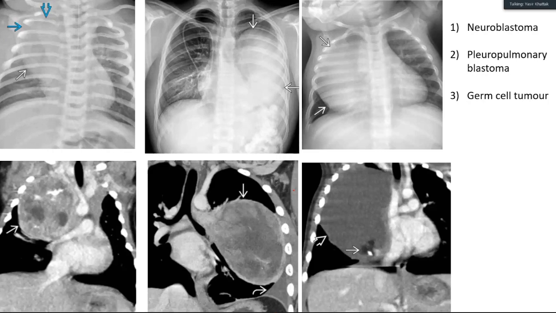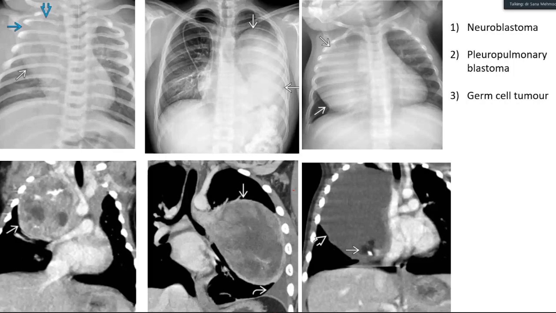In that particular case, what is important is to pick up the mass and mention that I'll discuss this case with the respiratory physician or the pediatrician, and we'll take it further, taking a pleural tap if required to see if there are any malignant cells. And if you have picked up the rib lesions, there's no point in doing an ultrasound. You go straight away to the CT scan to plan the further management.